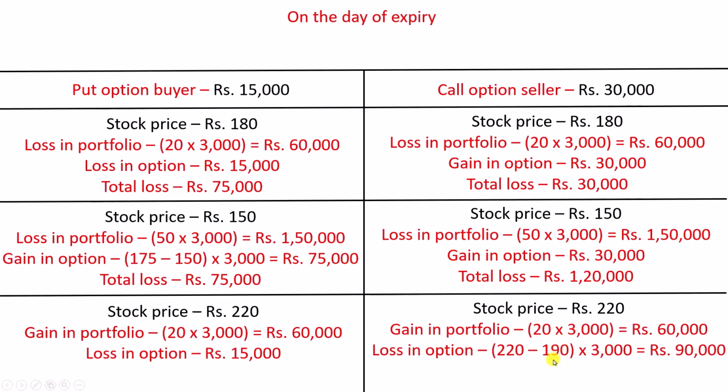So 220 minus 190 into 3000. This much is my loss if the price goes to 220. Imagine if it goes to 250, 300, 350, 400. What would this loss be? So this is my loss. This is my gain. So 60 minus 90 is minus 30, so I would still be in loss.